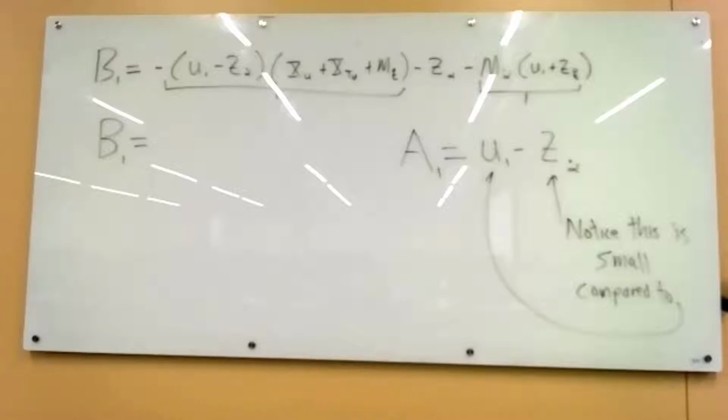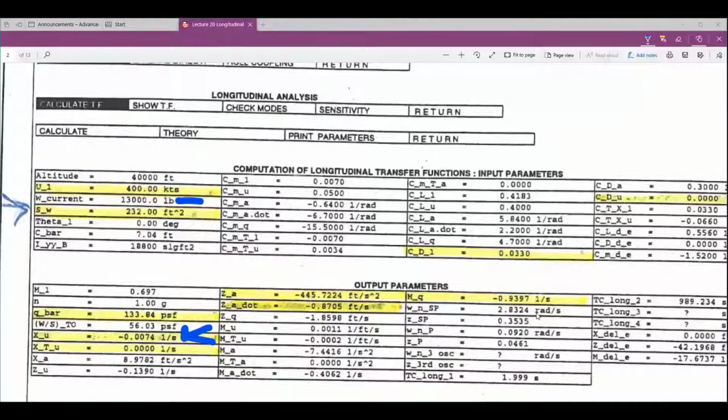Let's see, okay, we're going to go now back to the numbers, right? So here's the numbers. You need Z alpha dot, XU, XTU, MQ, Z alpha, M alpha dot, U1, and ZQ. Does anybody see a slightly shorter way to do this than brute force all the numbers?